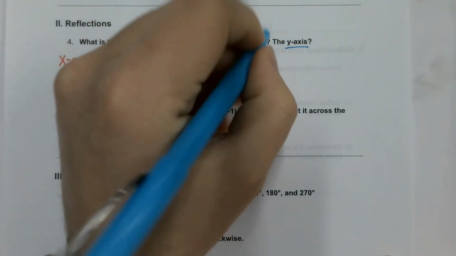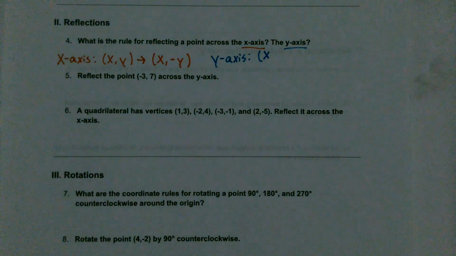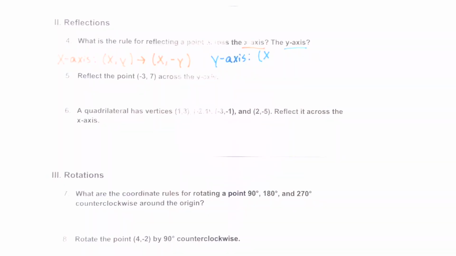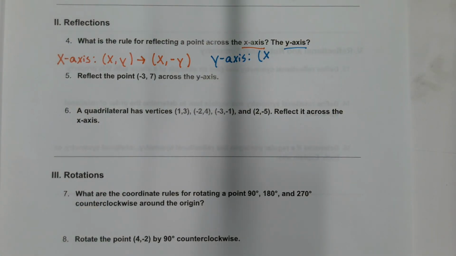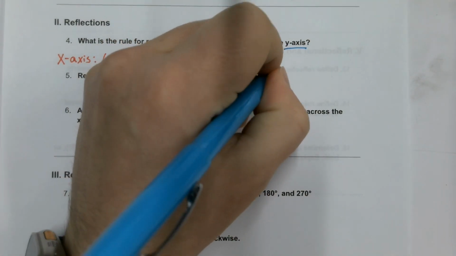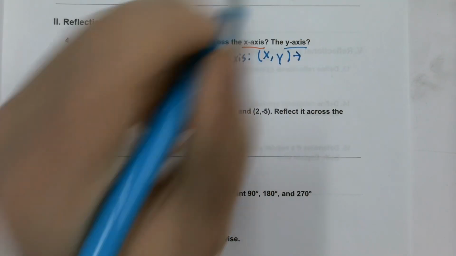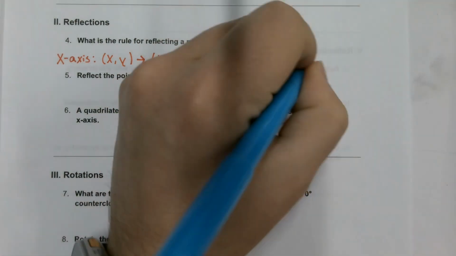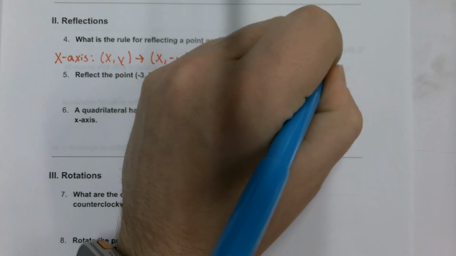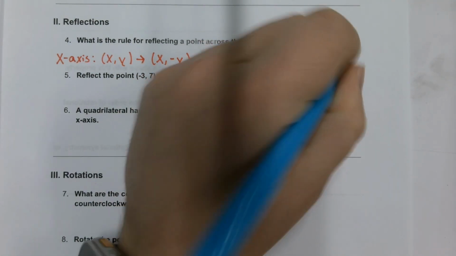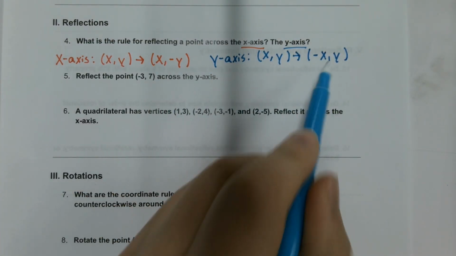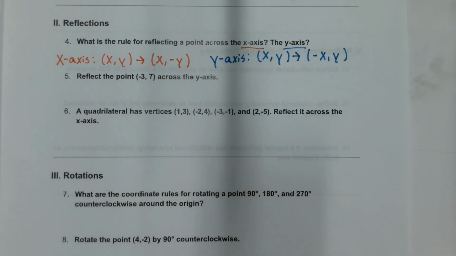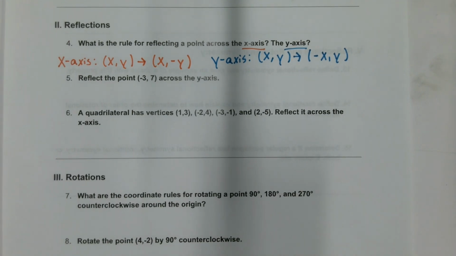The rule would be x, y will then become -x, y. So again, the x value becomes the opposite and the y value stays the same.